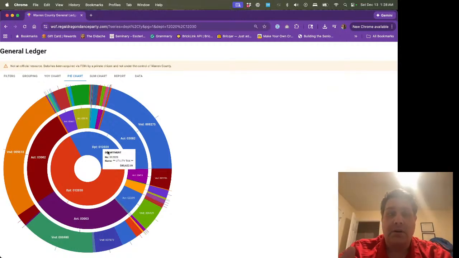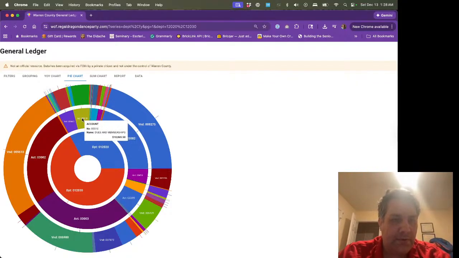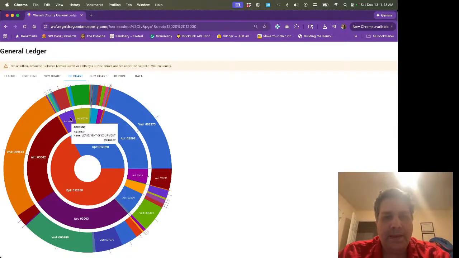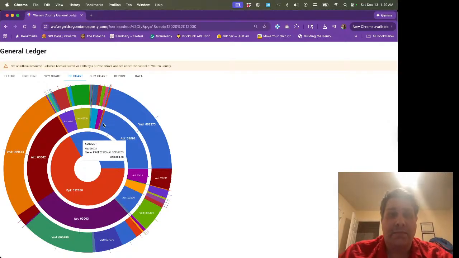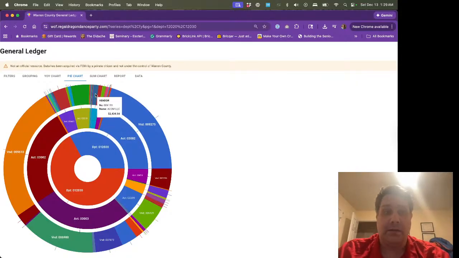Each department is then broken down into accounts, and we see all these account numbers. We've got professional services, telephone, dues and memberships, lease, rent, equipment. Those accounts describe where the money's being spent, and then that's broken out by vendors who are charging against those accounts, or who's receiving the money.